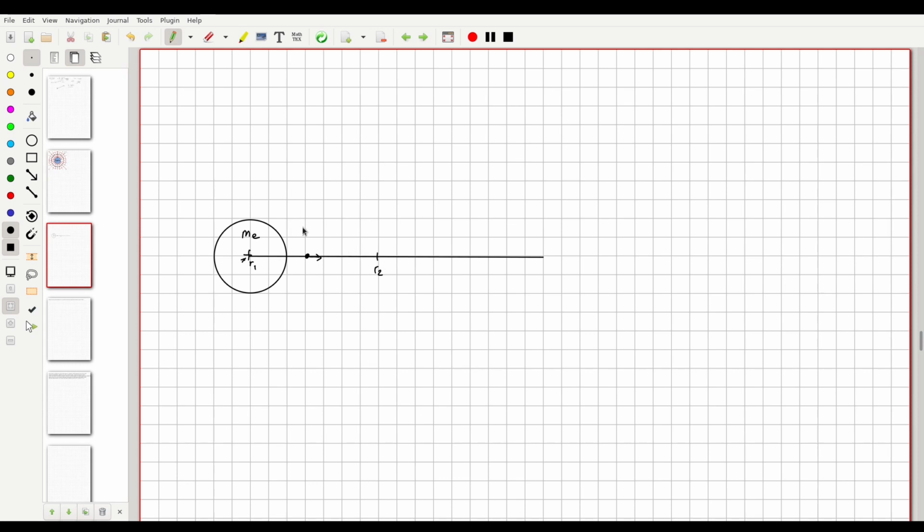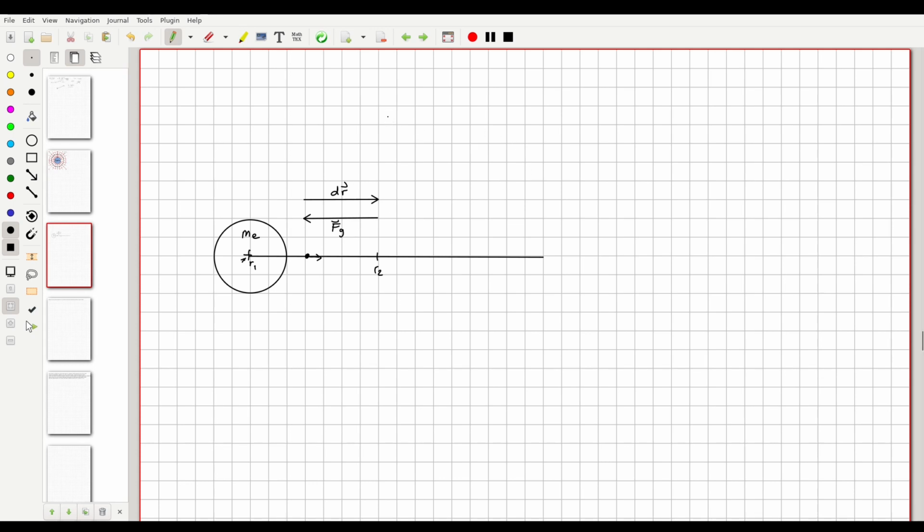Now, here, our force is acting this way, trying to pull the mass back into the Earth. But this right here is the direction of our displacement, dr. So dr is this way, and our force is this way. Okay? Now, in this case, when you do the dot product between the force due to gravity and dr, you're going to get a negative sign.